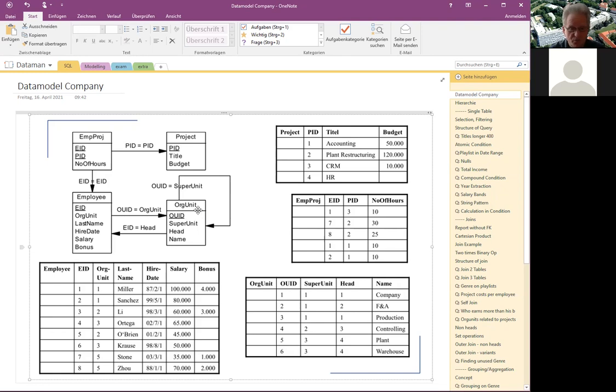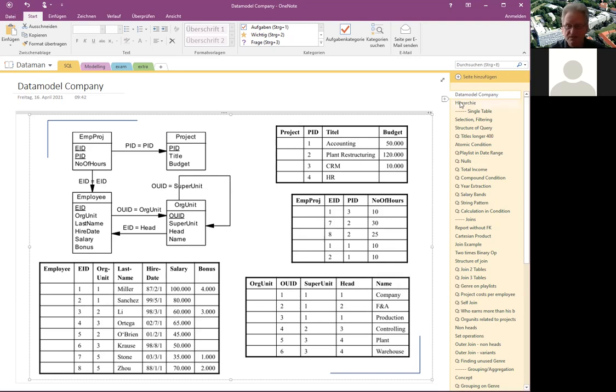And if you remember last week's lecture, such kind of arrow, that's a foreign key. And this foreign key is pointing from the column subunit to the primary key, to the OUID. You see subunit equals OUID. That's a connection that is made here.